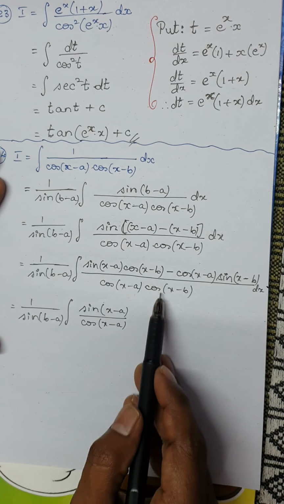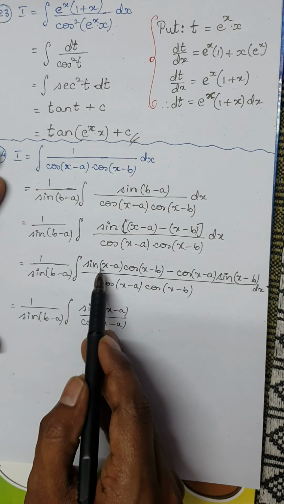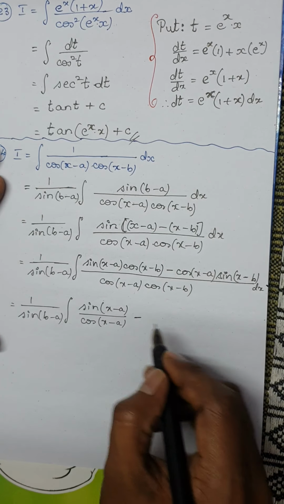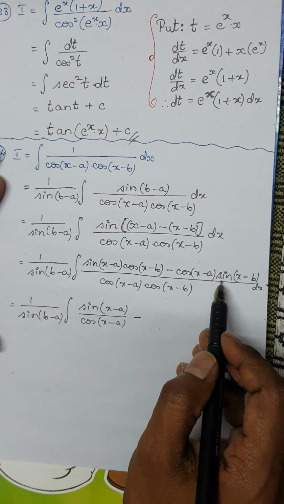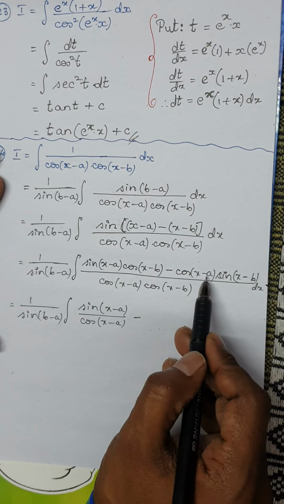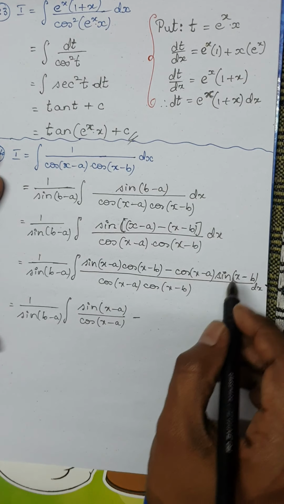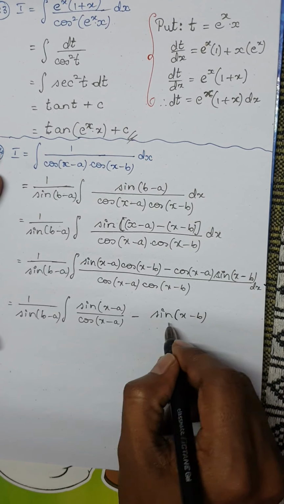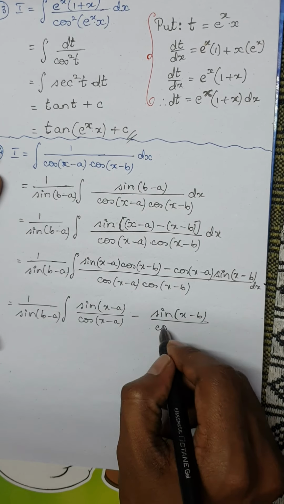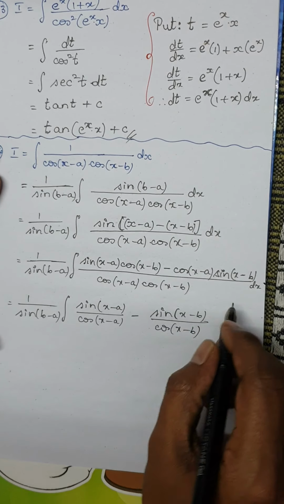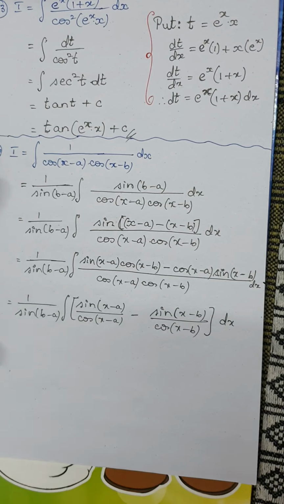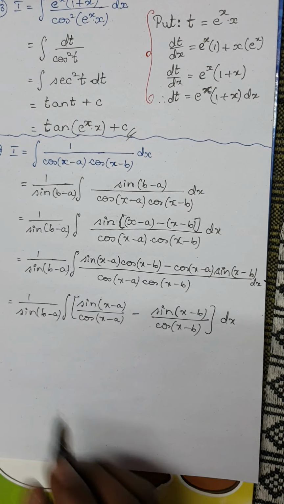So here cos x minus b into cos x minus b gets cancelled, and I am left over with sine by cos with the terms x minus a. Minus, look here in the second term, cos of x minus a, cos of x minus a gets cancelled. I am left over with sine of x minus b divided by cos of x minus b dx. This is for both the terms. Please pay attention here.